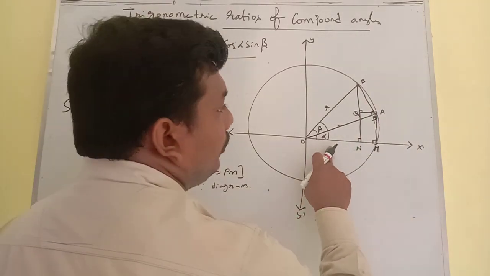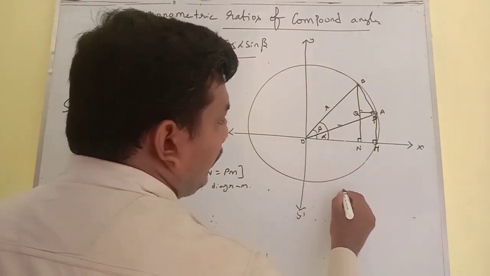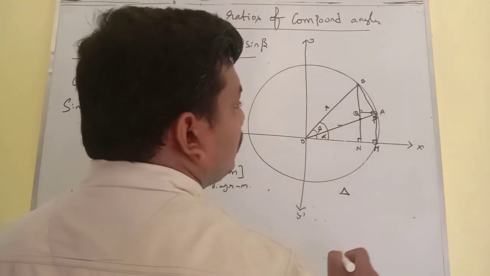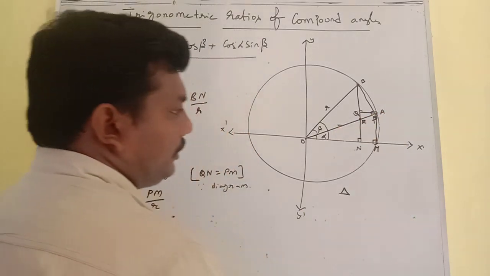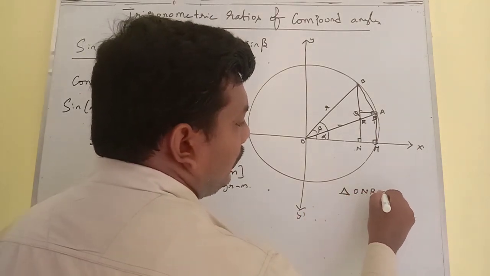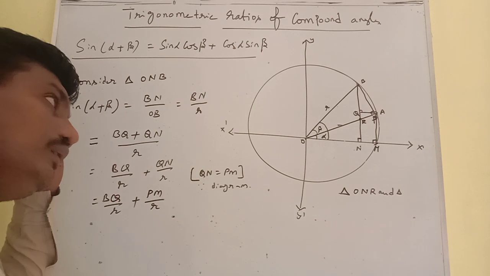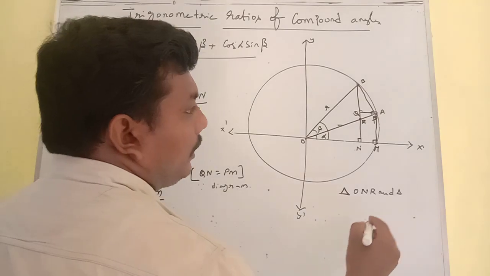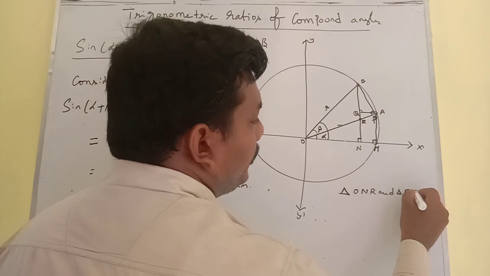The point where it exactly cuts, we take as R. We consider triangle ONR and triangle ABR, or RAB.